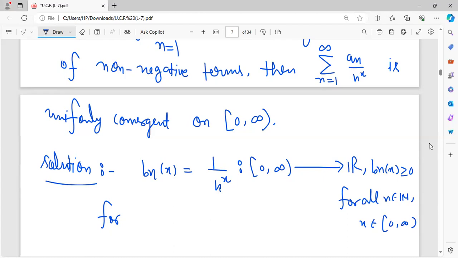Okay, and for each x belongs to I, 1 upon n^x is monotonically decreasing.